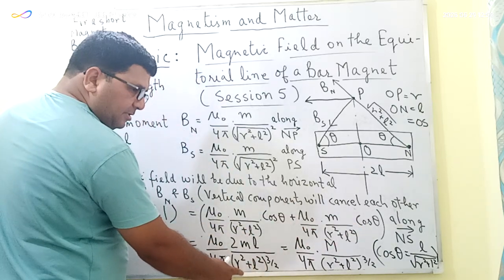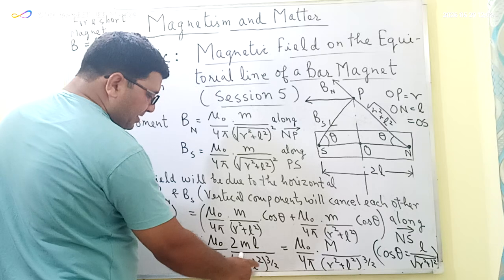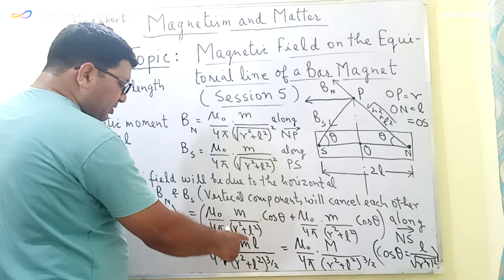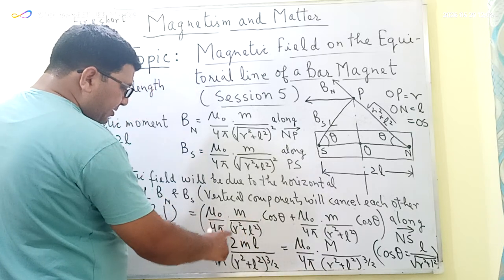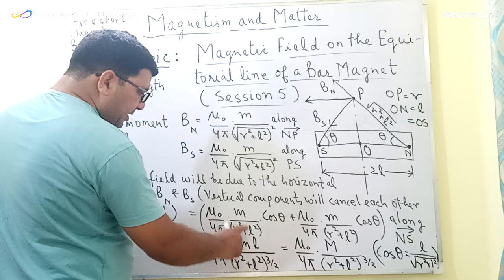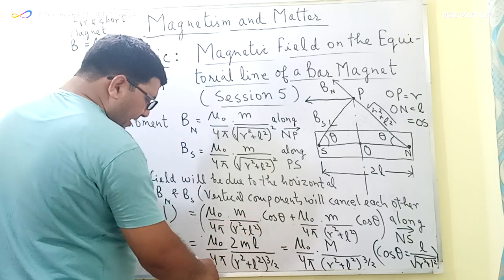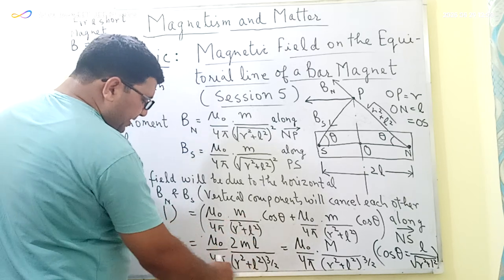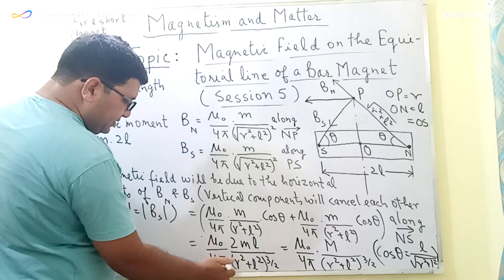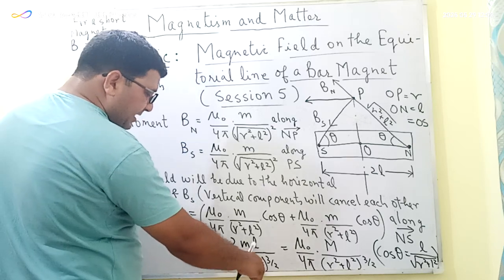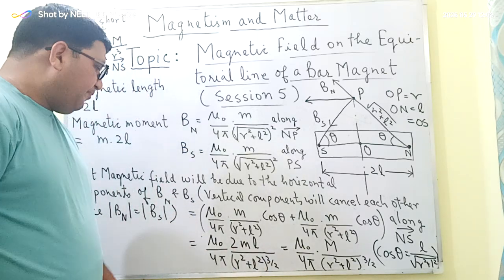So in the denominator I will be getting R square plus L square to the power 3 by 2, and in the numerator I will be getting mu naught into 2 into M into L, and in the denominator this is 4 pi into R square plus L square to the power 3 by 2.